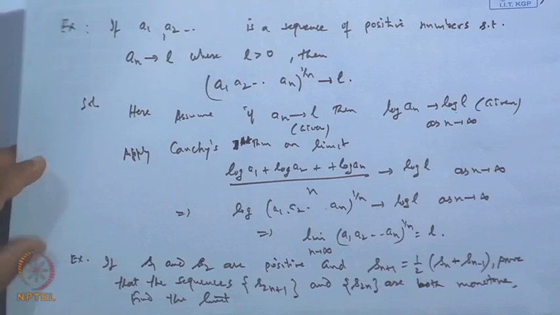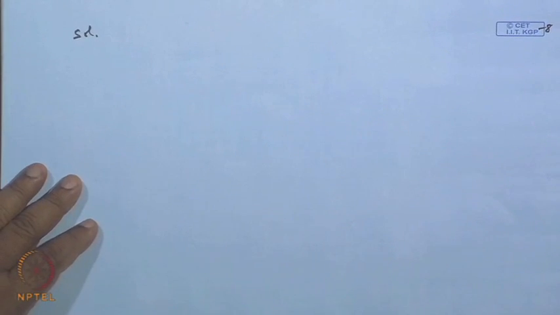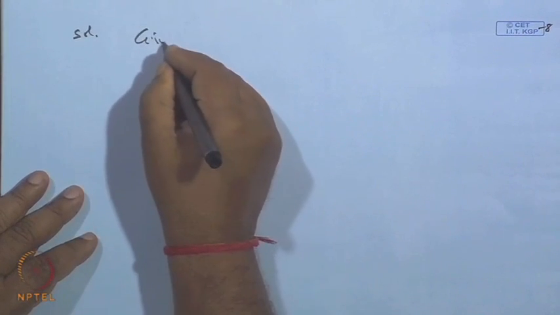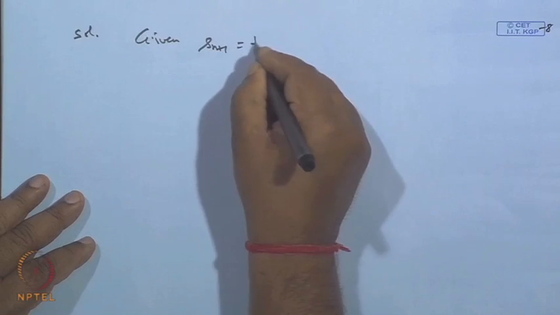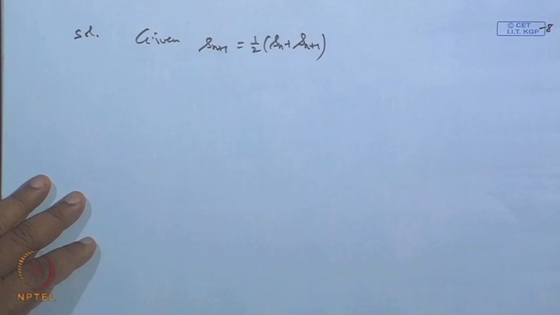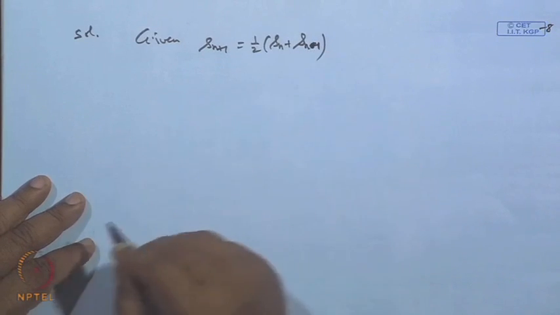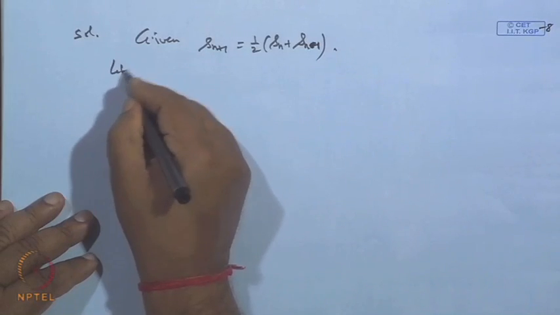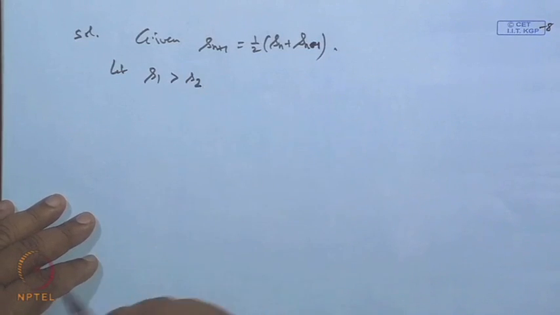Okay. So, let us see the solution for it. What is given is that Sn plus 1 is half of Sn plus Sn minus 1. So, let us assume S1 and S2 are two numbers, where S1 is greater than S2.